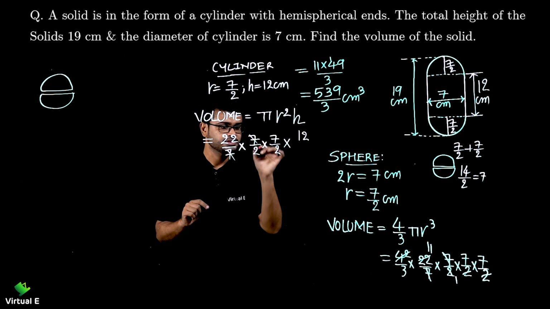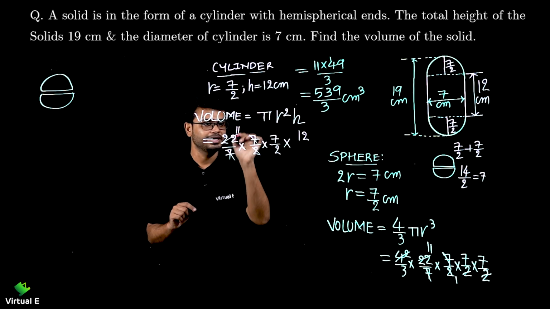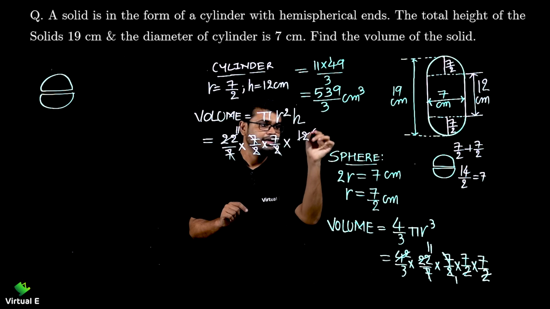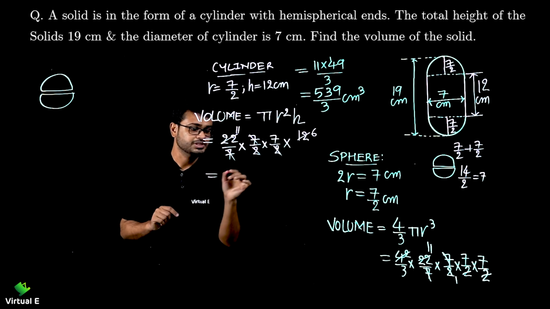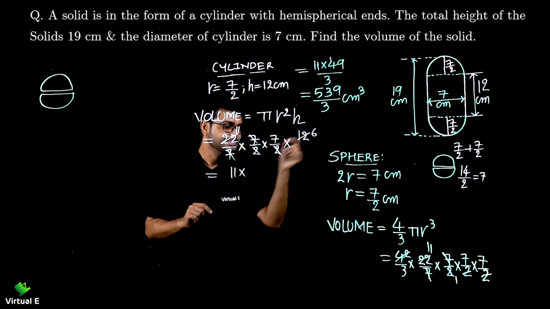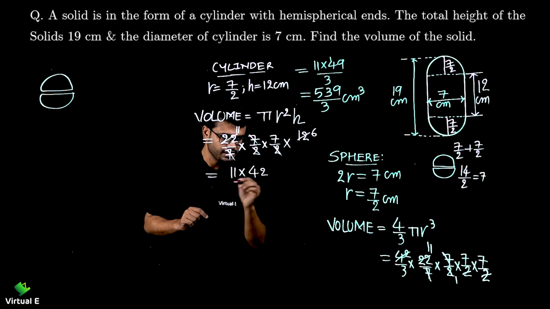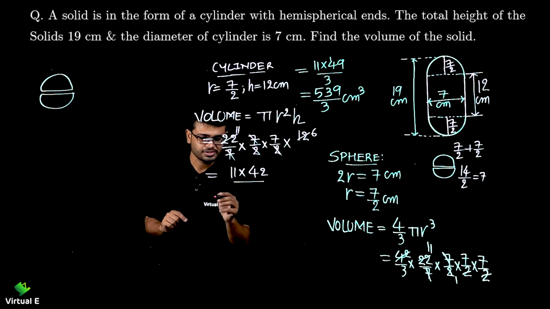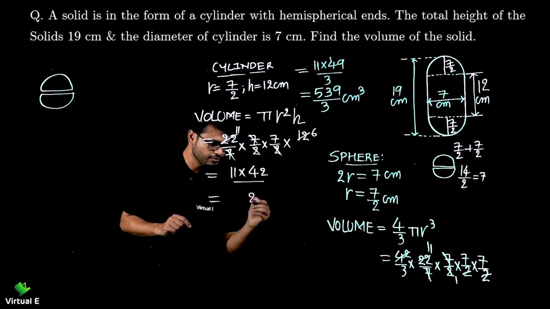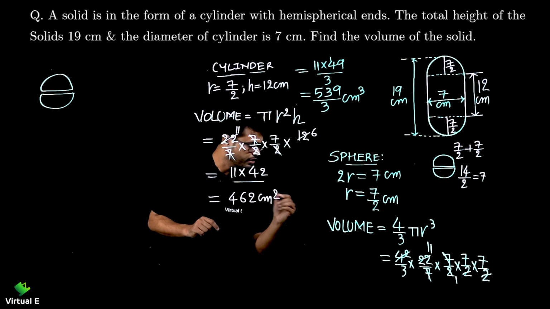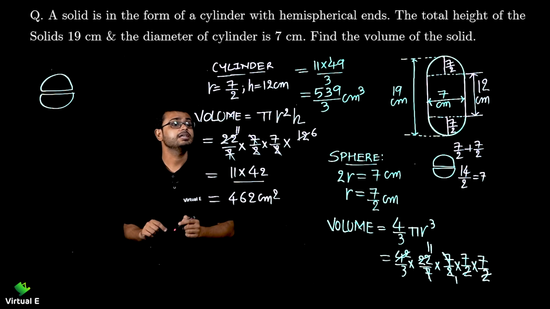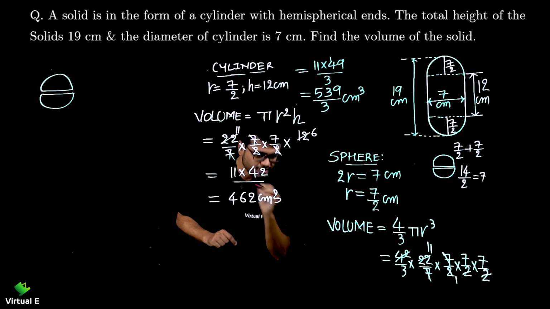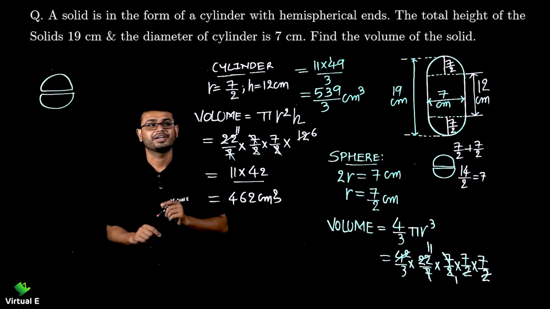So 7, 7, ones are 11, and 6 twos are 12... what's left? 11 and 7, 6 sevens are 42, and there's nothing in the denominator. Okay, good. So that's it. Here 2, 4 plus 2, 6 and 4. These are centimeter cube. Remember, centimeter cube, volume it is.